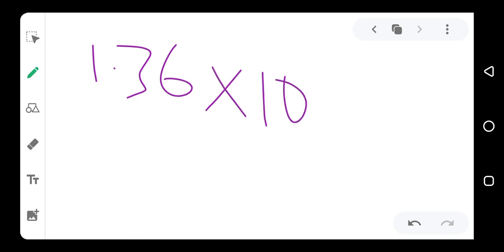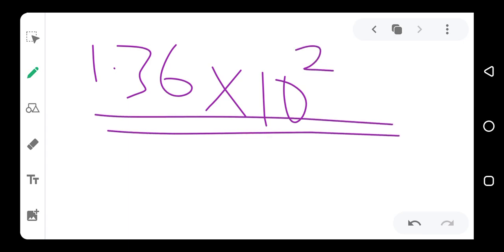So 4.08 divided by 3, we are going to get 1.36, then times 10 raised to power 8 minus 6, which is 2. So this is going to be the answer.